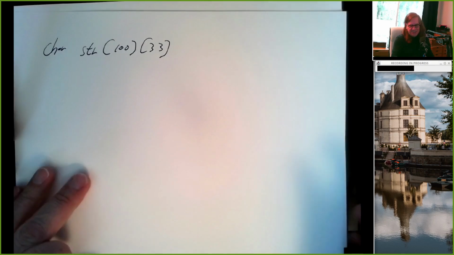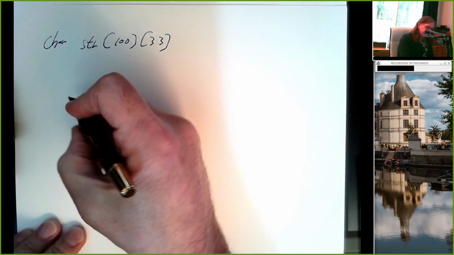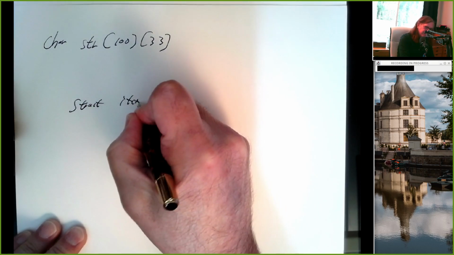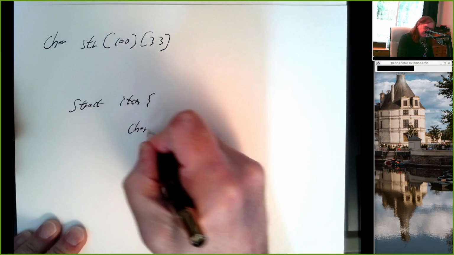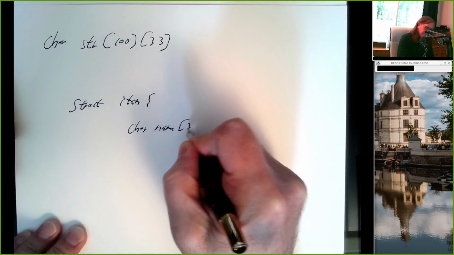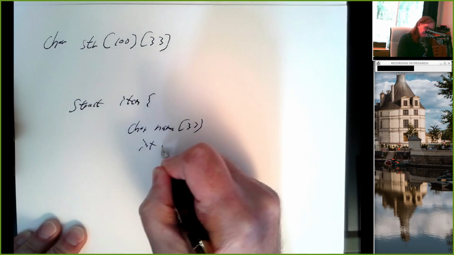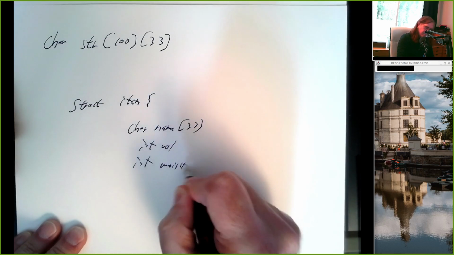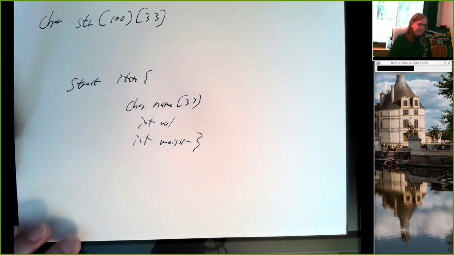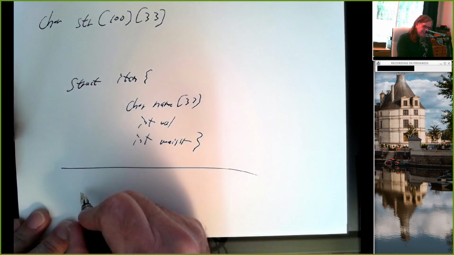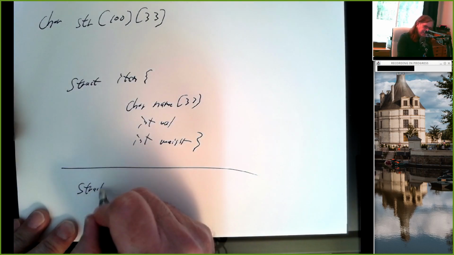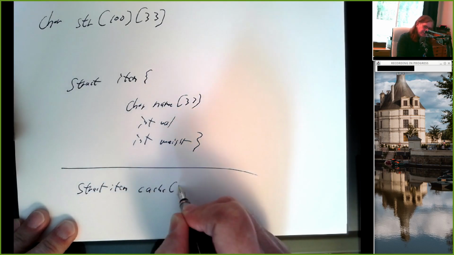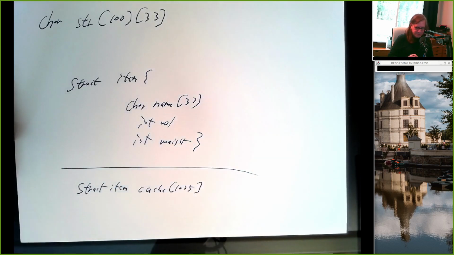And my strong recommendation is make a structure for each item, and now you can make, you know, struct item cache bracket 1025, for example.